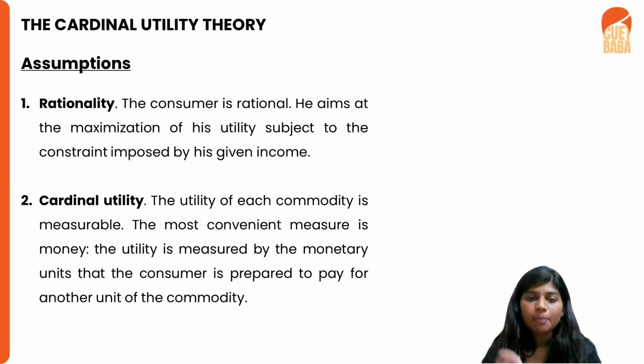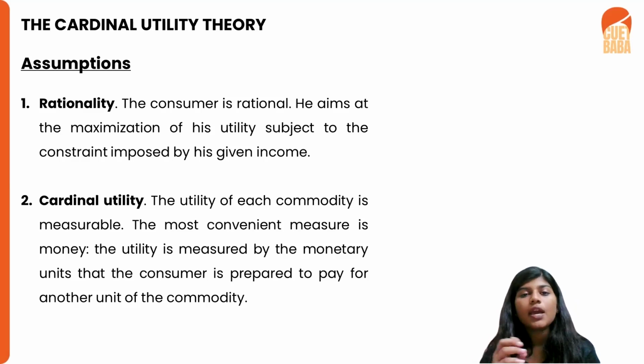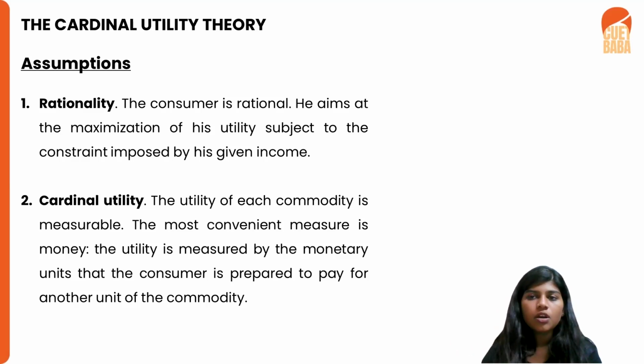That he aims at the maximization of utility subject to the constraint imposed by his given income. Whatever income he has, based on that he will buy the best out of it, and there won't be any other constraints coming in his way, and he would always buy the best commodity. That is based on rationality theory.